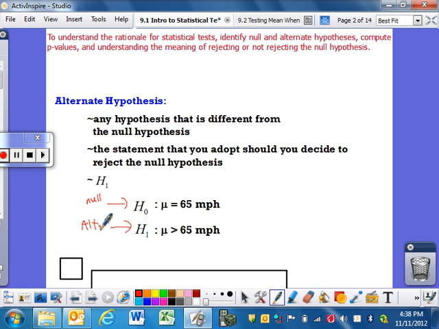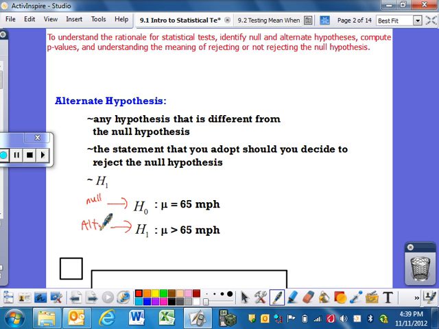Alright, so here's one example. If you're driving on Highway 10 out of Moorhead, maybe the speed limit is 65 miles an hour. That's the miles per hour that should be driven, and the law says that's what's happening. So that's going to be your null hypothesis.